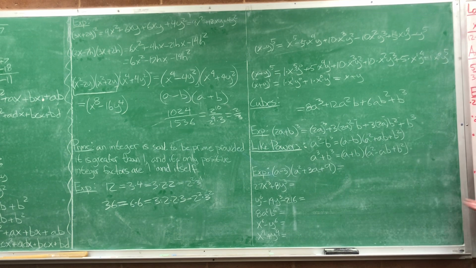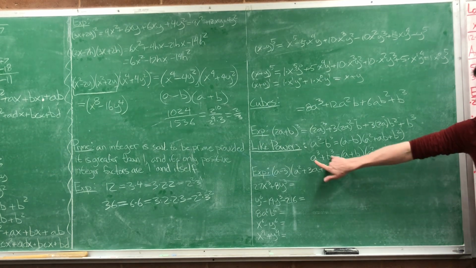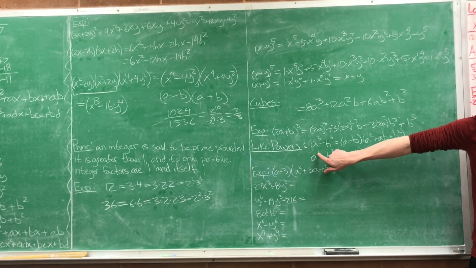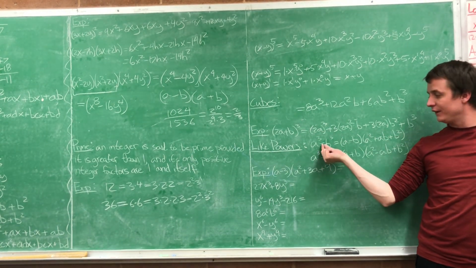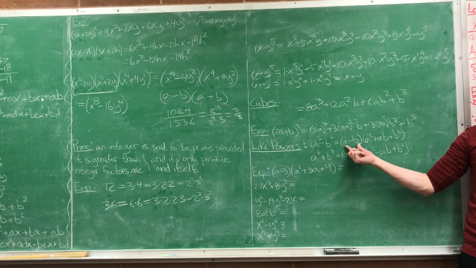Like powers, which is when they both come to the same exponent. And I think it's the case that if it's a difference and they come to the same exponent, then you can always factor out an a minus b.